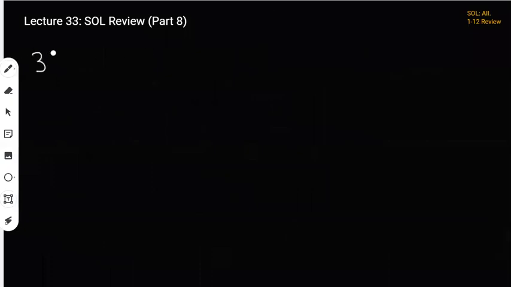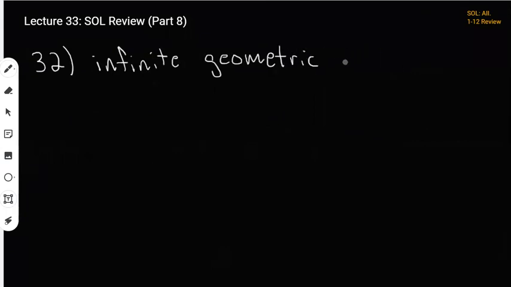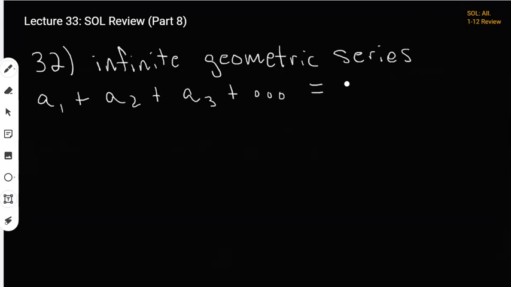So 32 tells me I have an infinite geometric series. Now, if you have an infinite geometric series, what's going to happen is you're going to have a sum of numbers, let's say A1, A2, A3, and all of these numbers are being added together. And once I add all the numbers, I'm going to get the sum.